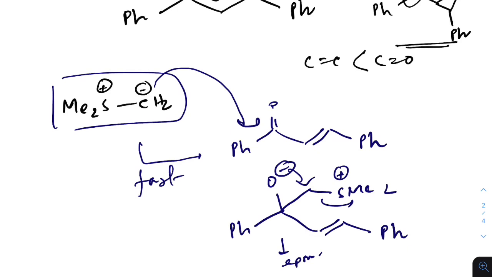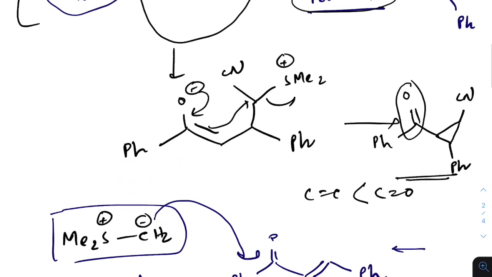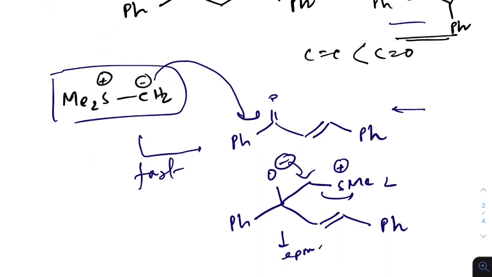But addition to the 4 center for that ylide is very slow. Because in the previous case this step was also slow, and in this case this step is also slow. The addition at the 4 position is very slow, but the addition at the 1 position, the carbonyl center, is very fast. Therefore, that will be the major product. The major product will be the epoxide, right?